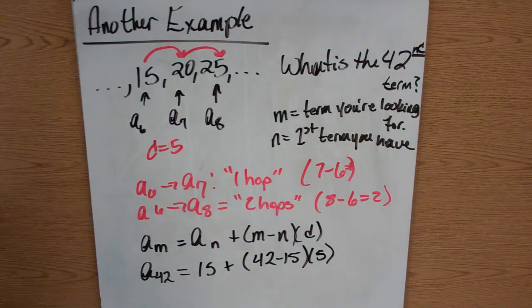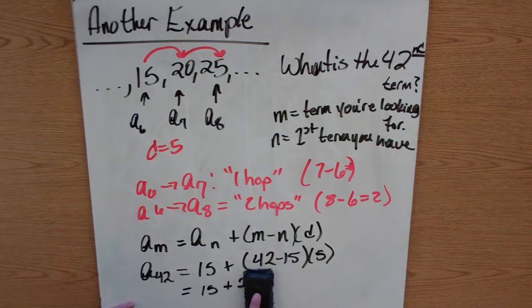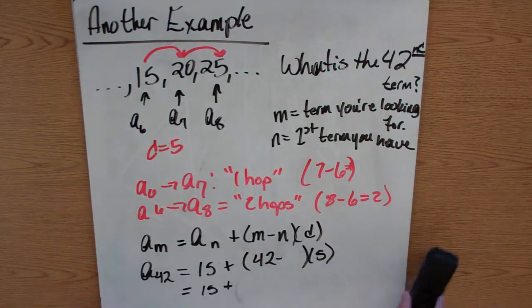Okay, 42 minus 15 is 27. Wait, I'm sorry. Messed up right there. It's not minus 15.